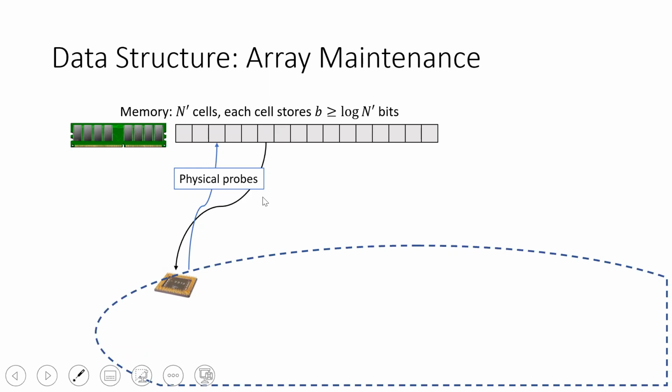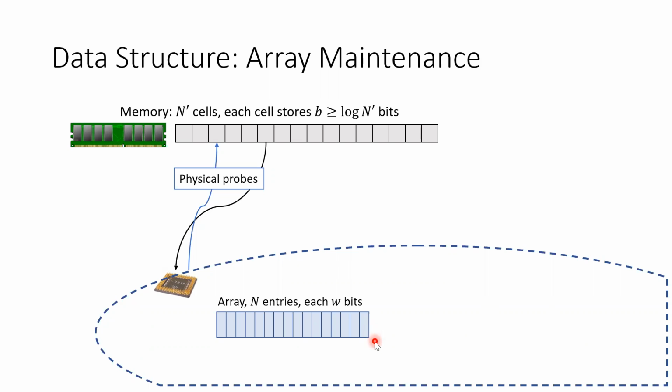And in this computation model, the RAM model, we can solve various kinds of data structure problems, like the data structure problems we have learned in algorithm textbooks. Probably the simplest data structure is just a plain array. That's an array of n entries.